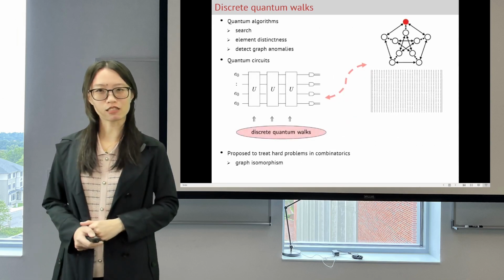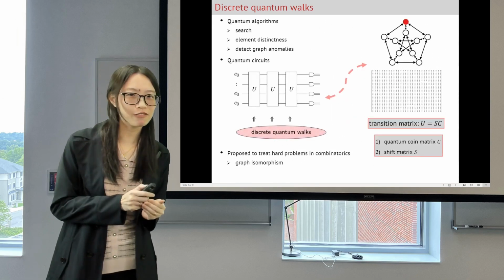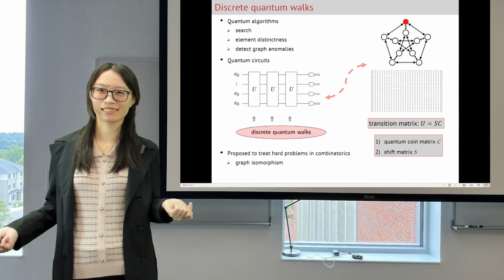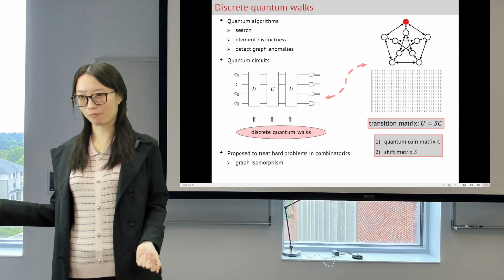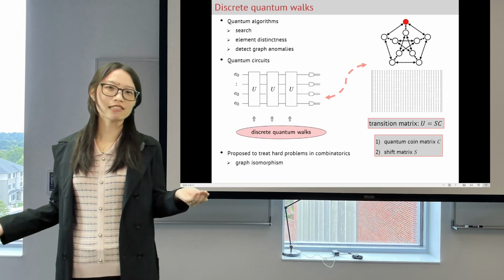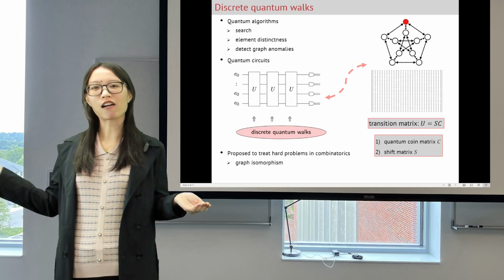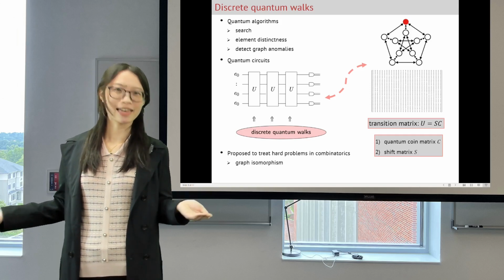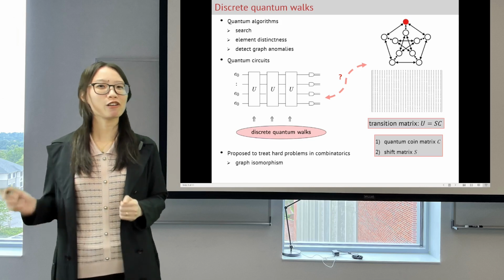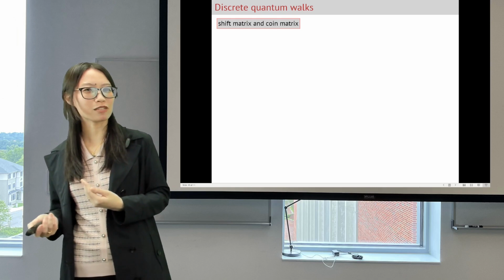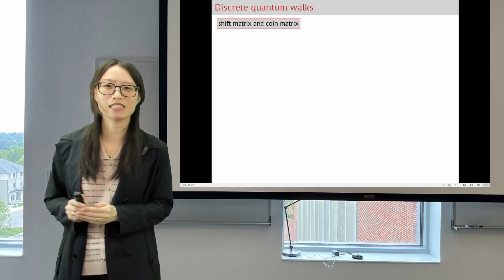Moreover, this transition matrix depends on not just the graph, but also something called quantum coins and shift matrix. For each choice of this pair, there is a different quantum walk on the same graph. And in general, we do not know how our choice will affect the performance of the quantum walk. So that is our goal. We want to translate these shift matrices and coin matrices into something manageable.